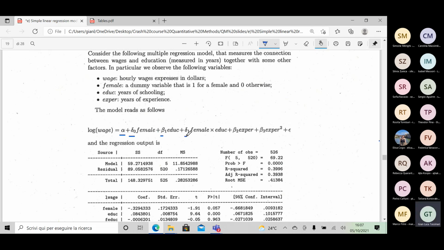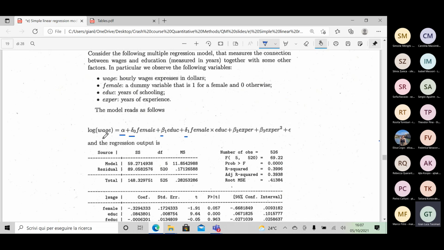Delta 1 is the coefficient associated to another variable which has been obtained as the product between the variable female and education. I explain what this means. Suppose that the first individual of your sample is a female. The first observation here is 1, because the first element of your sample was a female, times the education of this girl. Suppose that the second individual in your sample is a male.